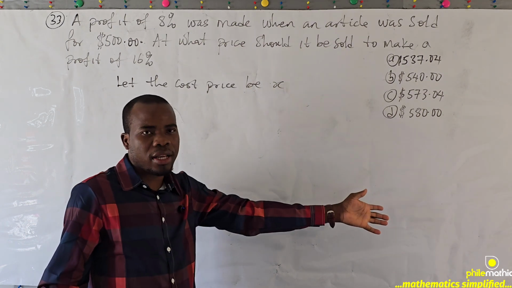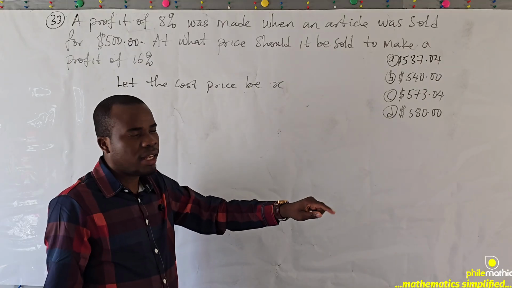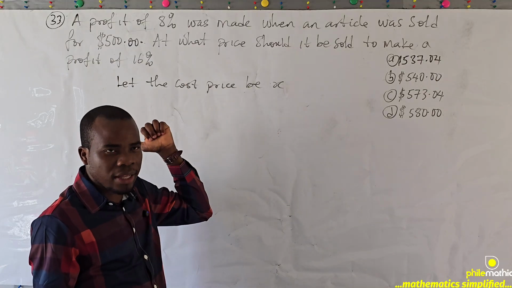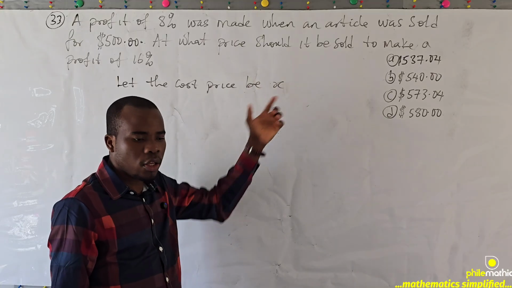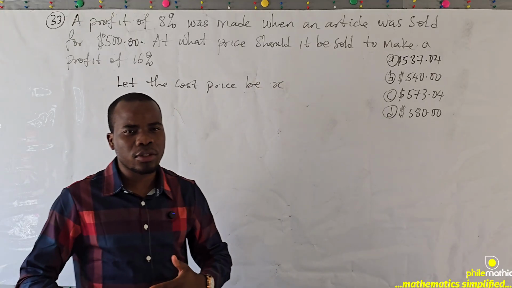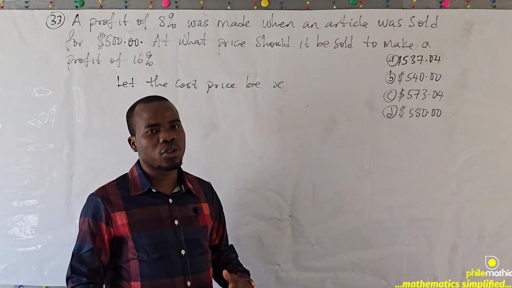That gives you your selling price. If you made a loss of 5%, the selling price will be 95% of your cost price. So this is how we add and subtract to get selling price depending on whether you made profit or loss.